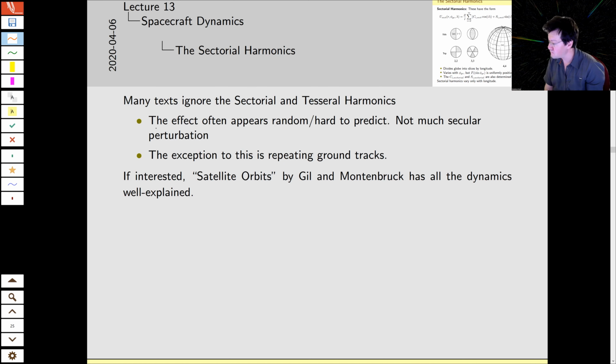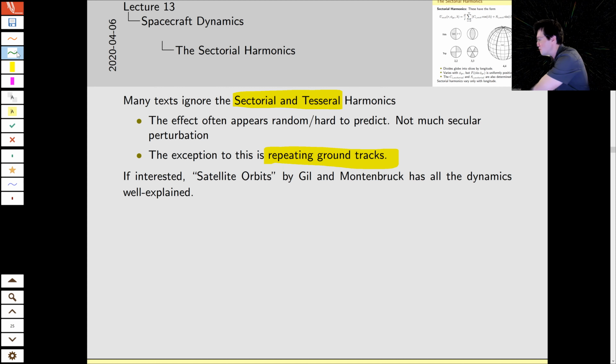Again, many texts more or less ignore the sectorial and tesseral harmonics because they're hard to predict, because they rotate with the Earth. They tend to not have as much secular effect unless you have a repeating ground track.